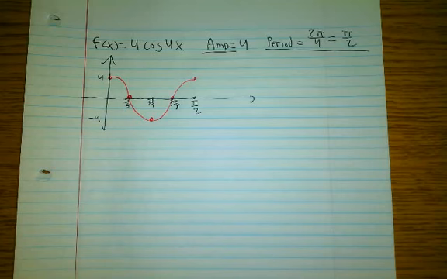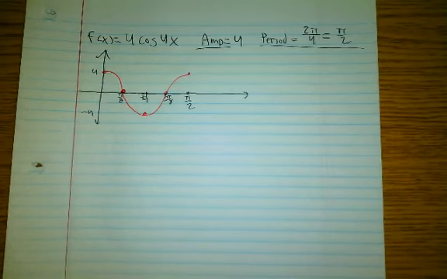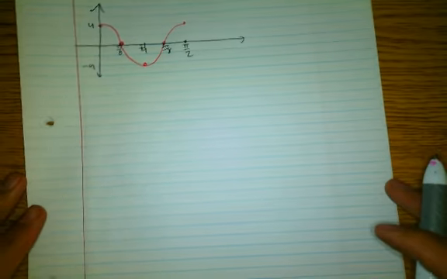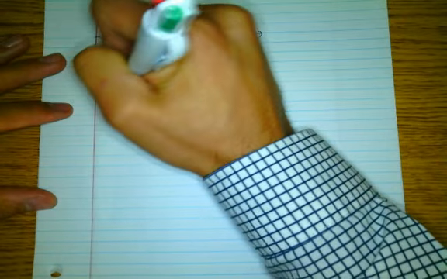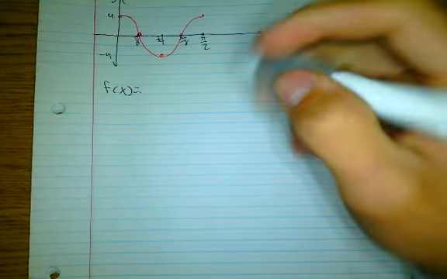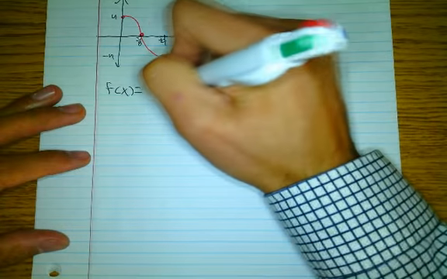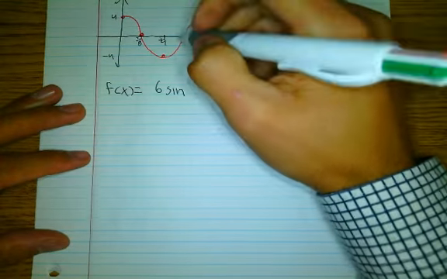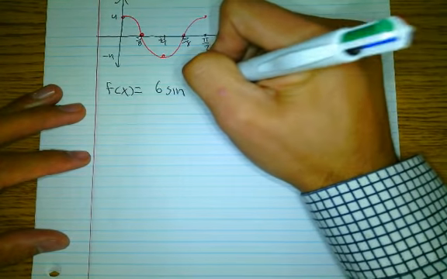Pretend you have f of x equals 6 sine of pi over 4x plus pi over 2. I'm going to put this in parentheses. Minus 3. Okay?